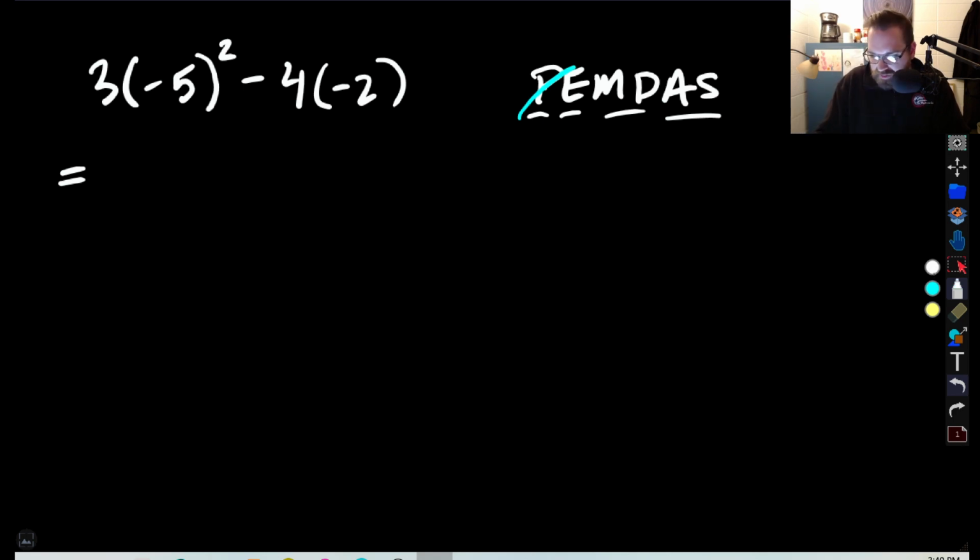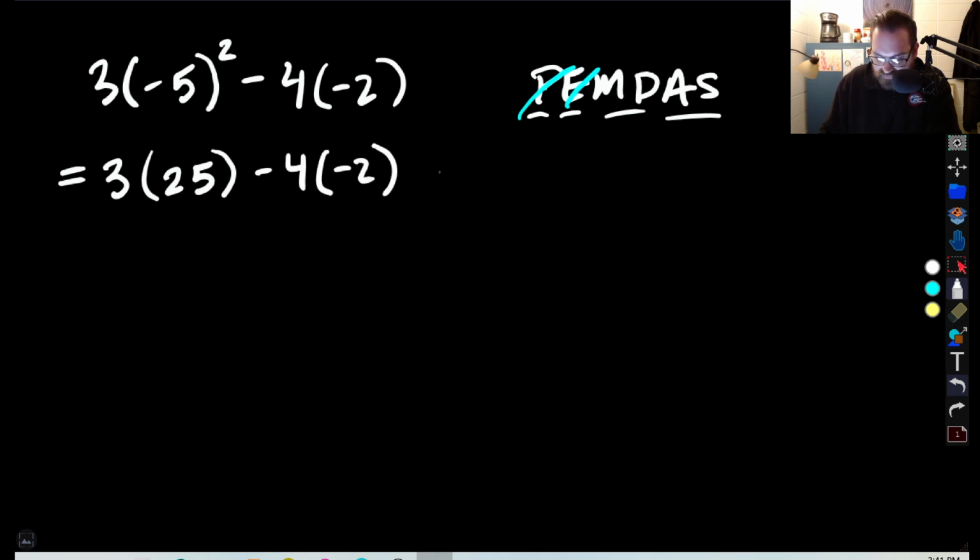However, there are exponents, and we can deal with that one right there. So this is going to be minus 5 squared, which is a positive 25. And so now we can cross that off. And I'm just going to rewrite this other stuff out. Minus 4 times minus 2. And now as a result, we can go ahead and work out the next piece, which is the multiplication and division.